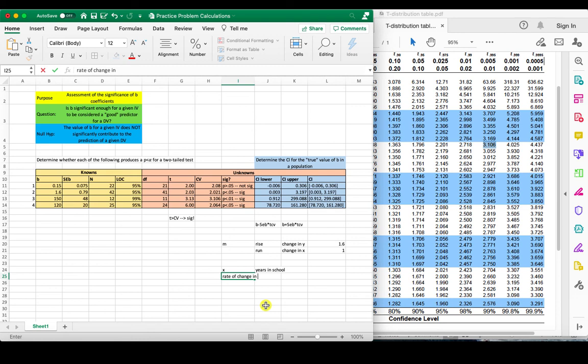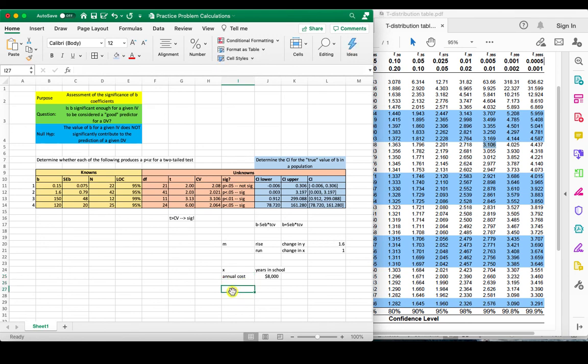Maybe let's say for every year in school you accumulate $8,000 of debt. Sure. Okay. So we'll say this is the cost, or maybe we'll call it annual cost.